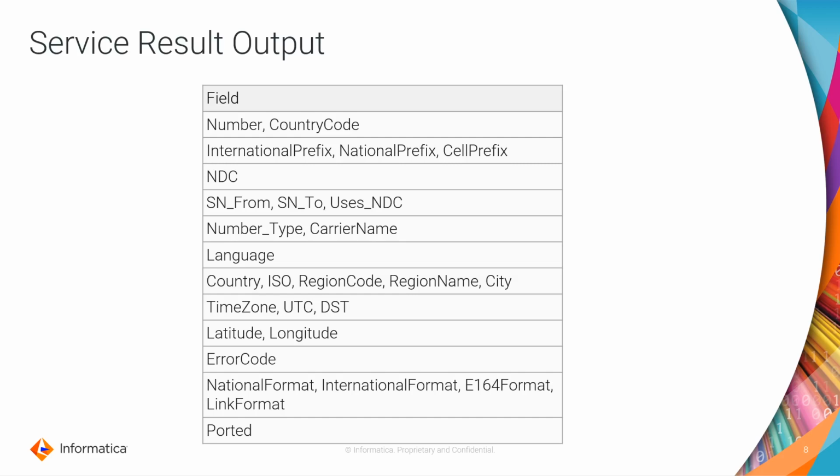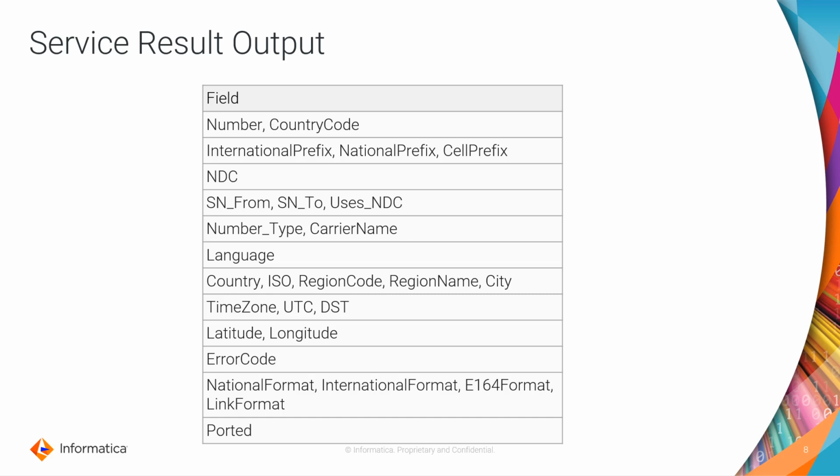These are the service result outputs that will be returned by the phone verification. I have categorized them based on the field. You can see it returns the number, country code, international prefix, national prefix and the cell prefix. Then it returns the NDC. It returns the SN form, SN2 user NDC, number type, carrier name.